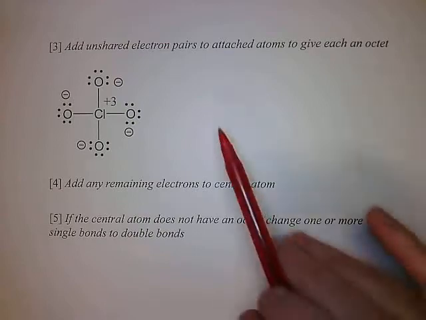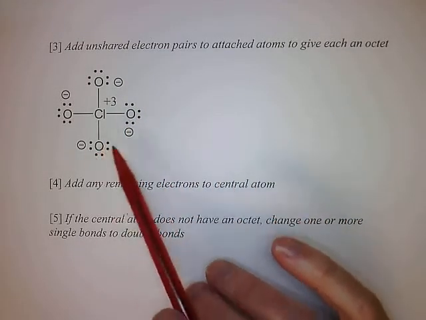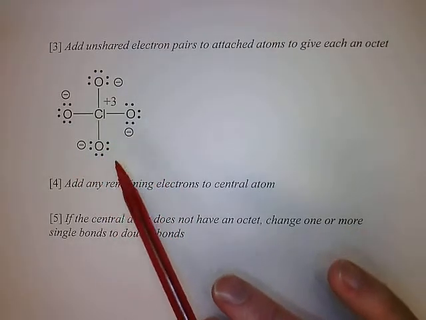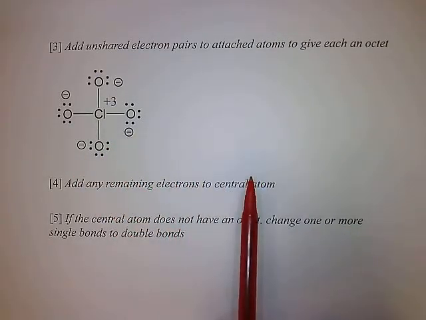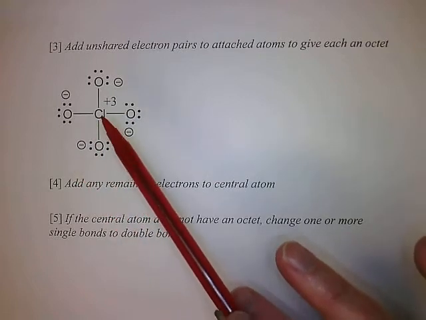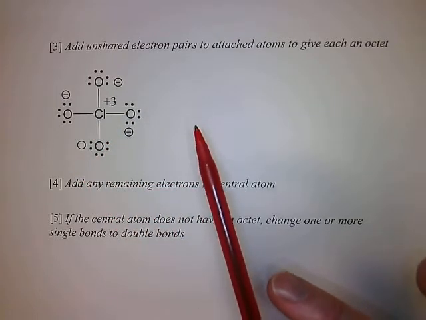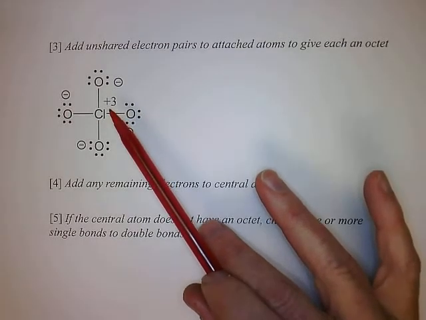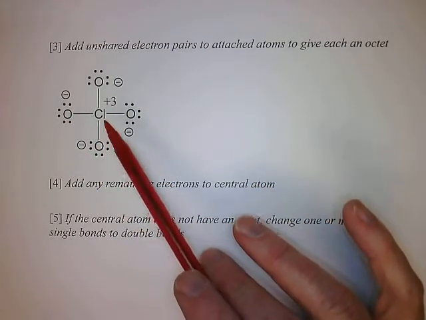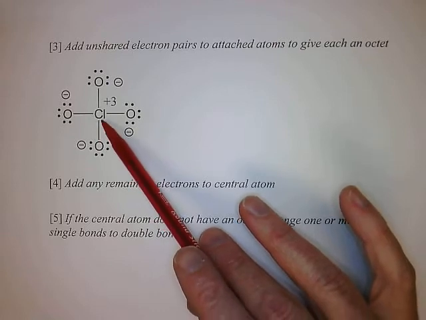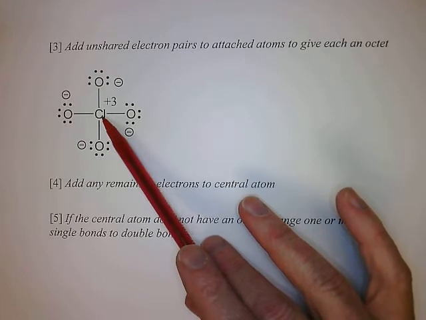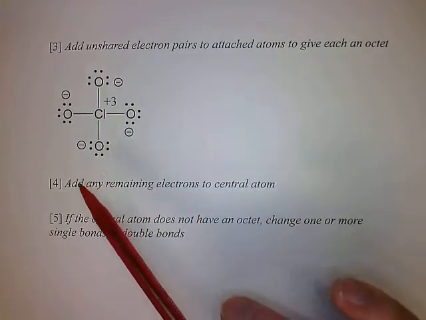So this would seem like an okay structure. Every atom has an octet of electrons, except for two things. We've put a fairly large positive charge on an electronegative element. Now, chlorine is not as electronegative as nitrogen, oxygen, or fluorine, but it's still an electronegative element.